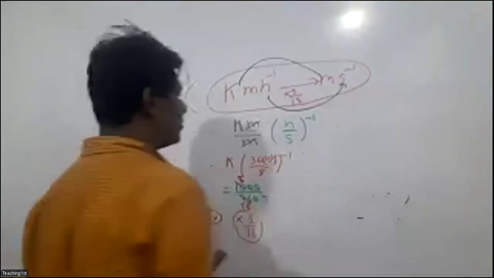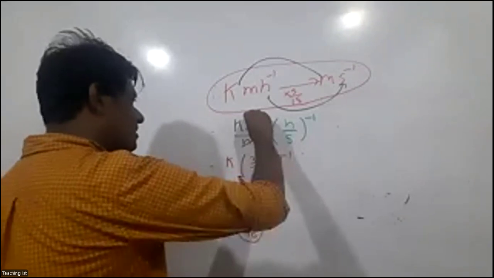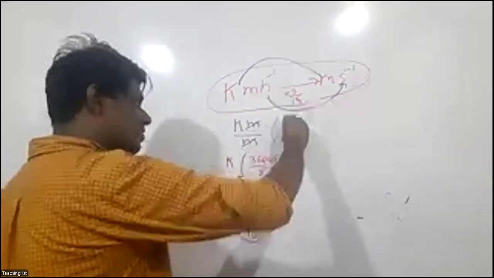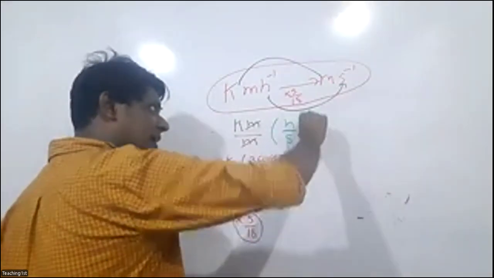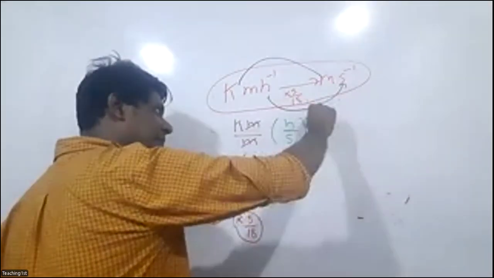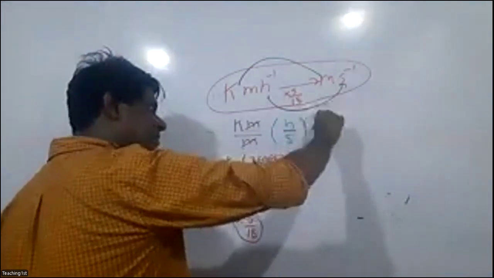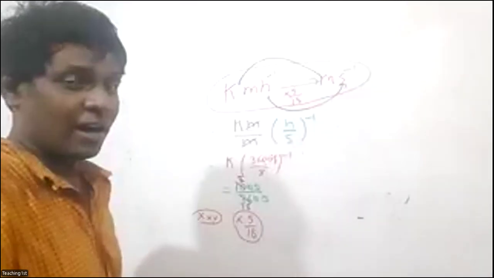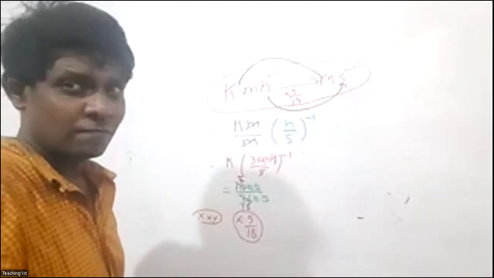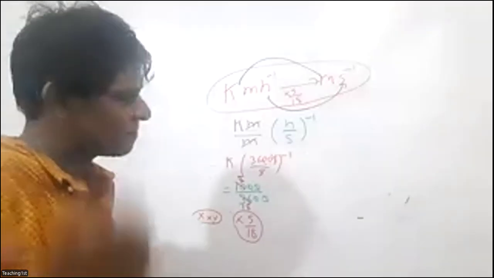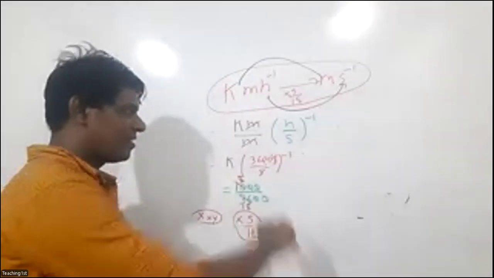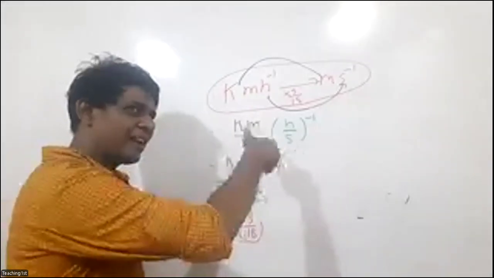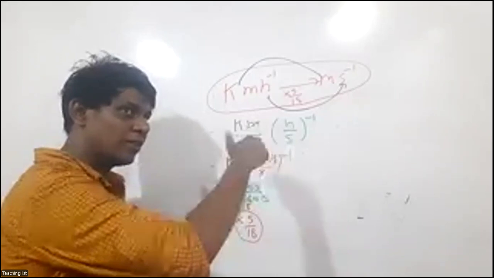So you have to write kilometers over meters, hours over seconds. Now you have to put the per sign, that means minus 1 outside of the bracket. Am I clear for you? After that, hours and seconds, you can't get a ratio for two different.